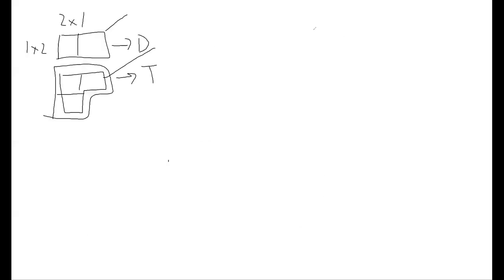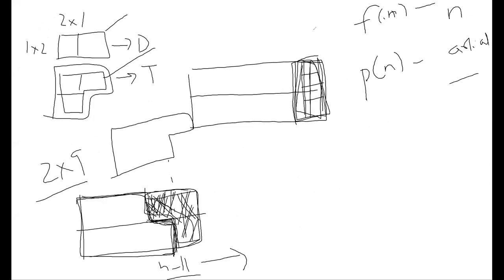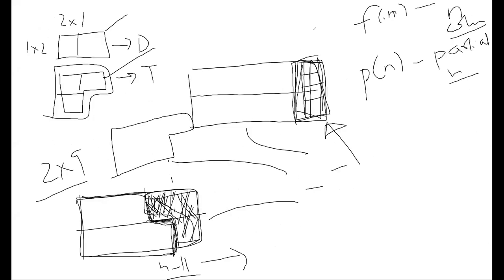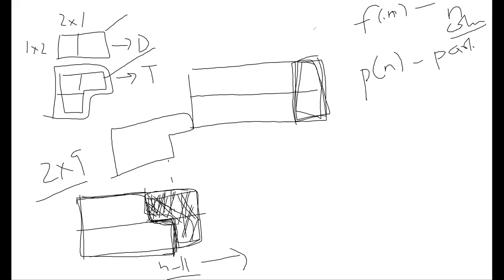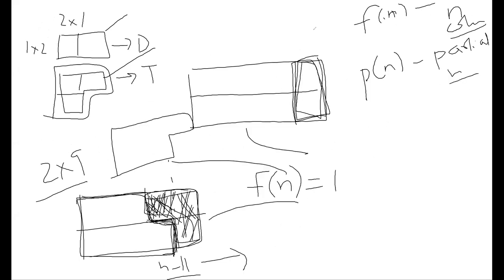So what we just did in the diagrammatic way was the equation that we generated: twice times p of n minus 1.